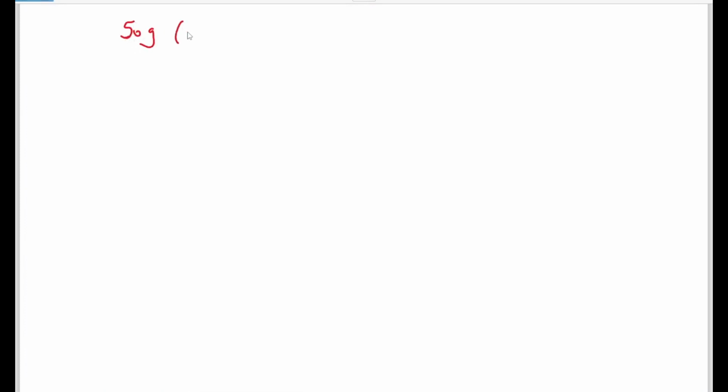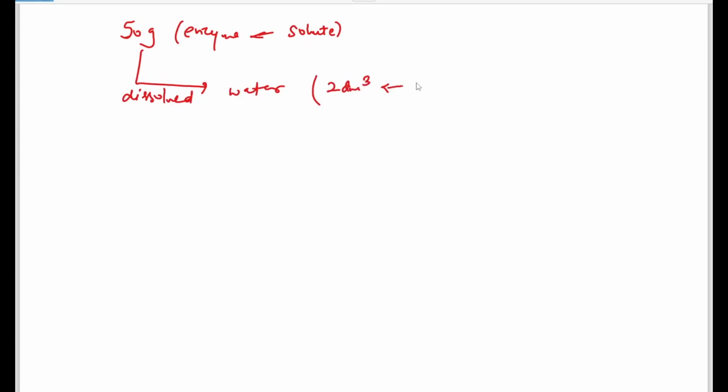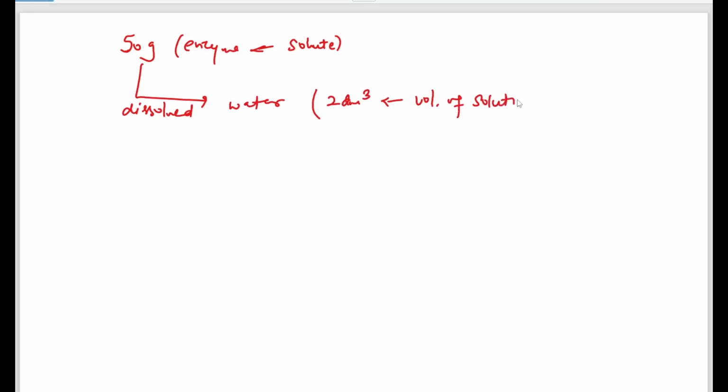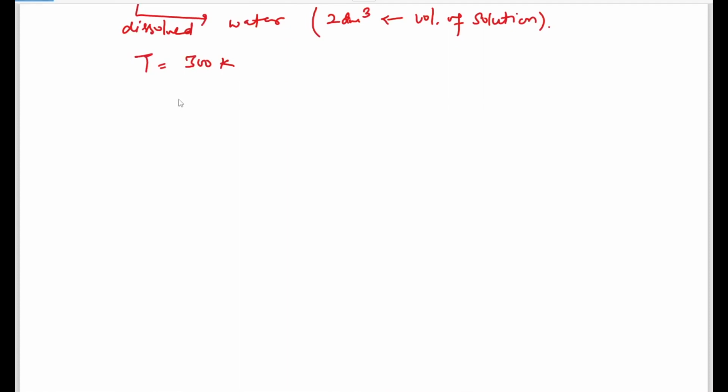50 gram of enzyme, that is our solute. Clear? This is dissolved in water, and 2 decimeter cube is the volume of the resulting solution. Temperature is 300 Kelvin; convert 27 degree to Kelvin.